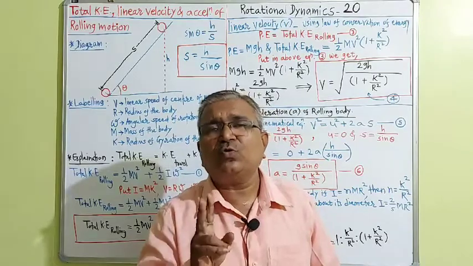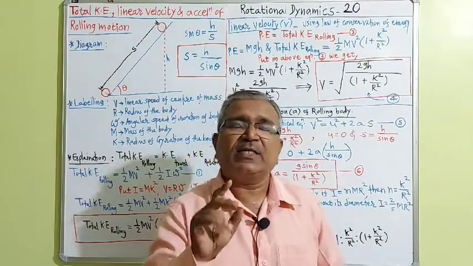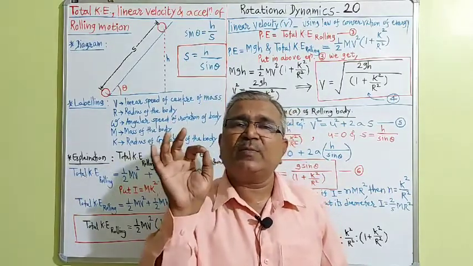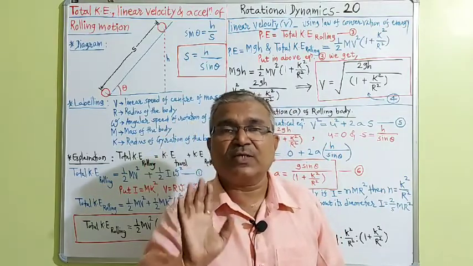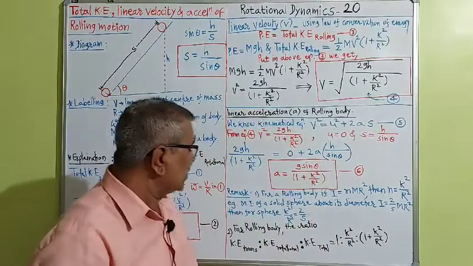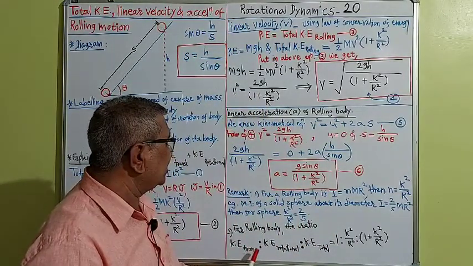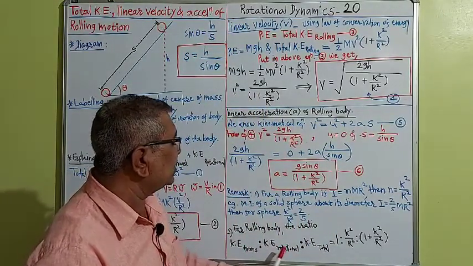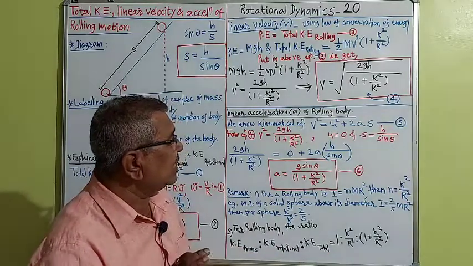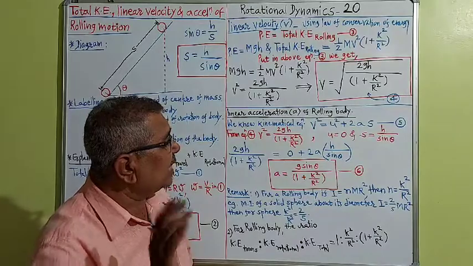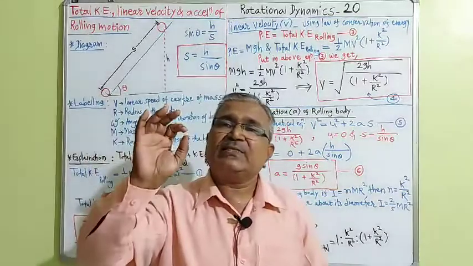We should know these two formulae, that is when capital I is equal to n mr square, then n is equal to k square upon r square, and this is the formula: translational kinetic energy to rotational kinetic energy to total kinetic energy is equal to 1 is to k square upon r square is to 1 plus k square upon r square.